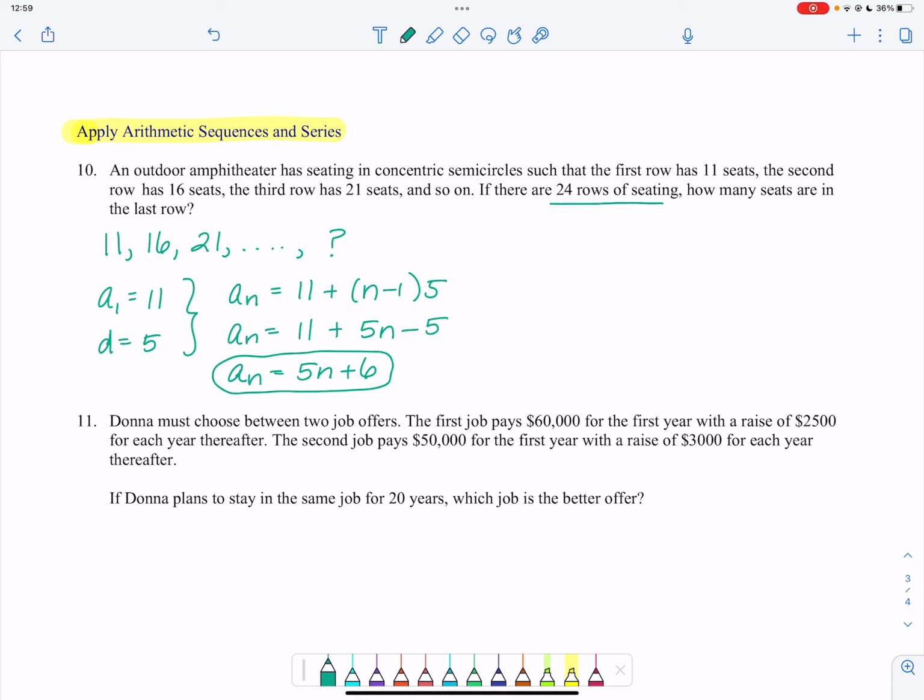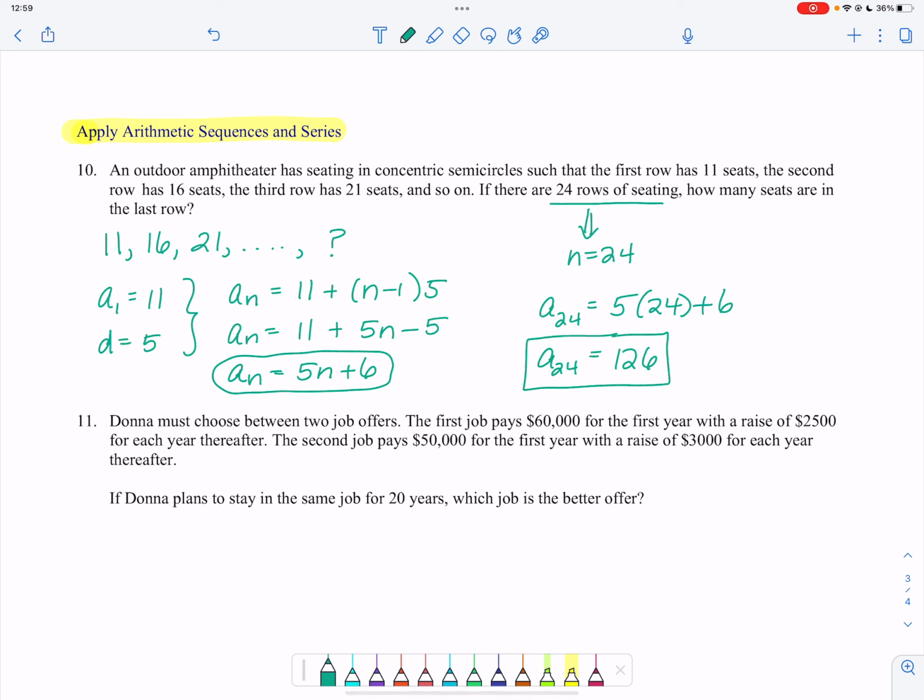So now, if we have 24 rows of seating, n is 24. So a sub 24 is 5 times 24 plus 6. So a sub 24 is 126. So 126 seats.